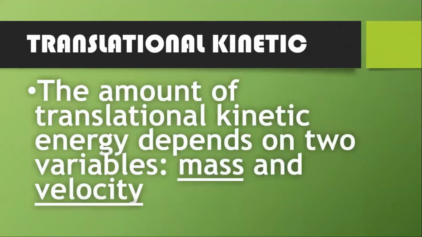The amount of translational kinetic energy depends on two factors or variables. Number one is the mass of the object and number two is its velocity, or how fast it travels.